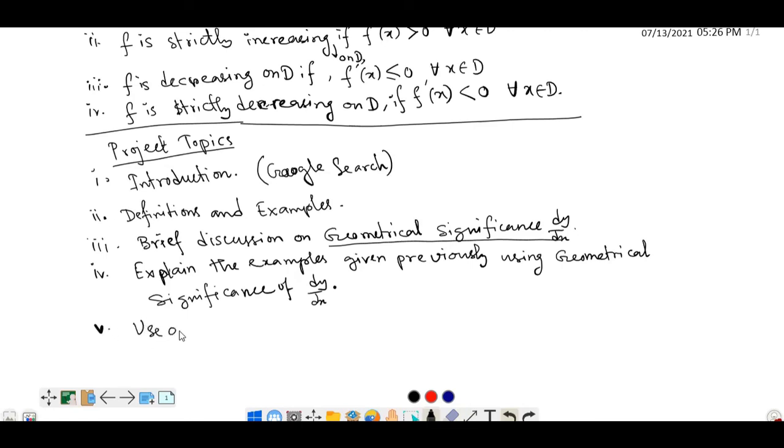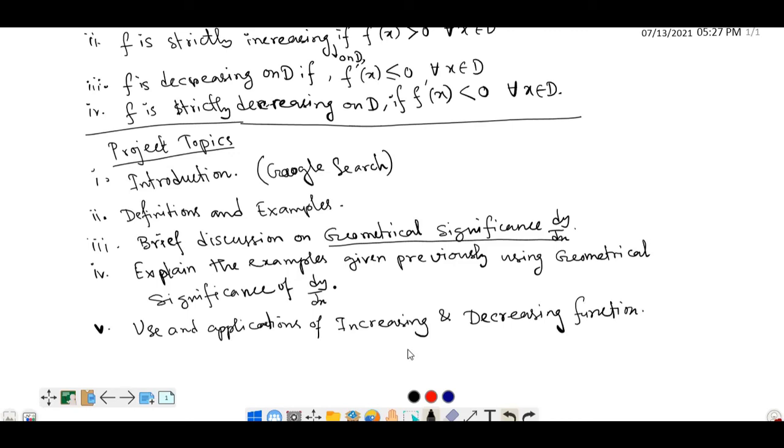the use and applications of this type of function, these increasing and decreasing functions, where you can find this type of functions in nature, or if at any point you see something different, that you can discuss here.